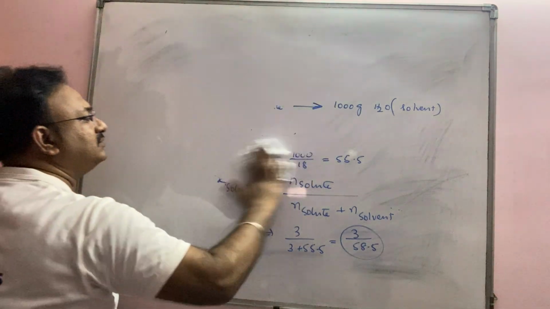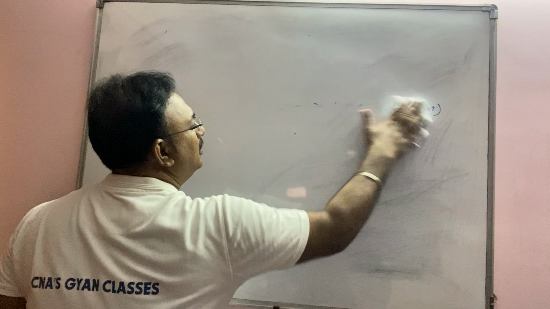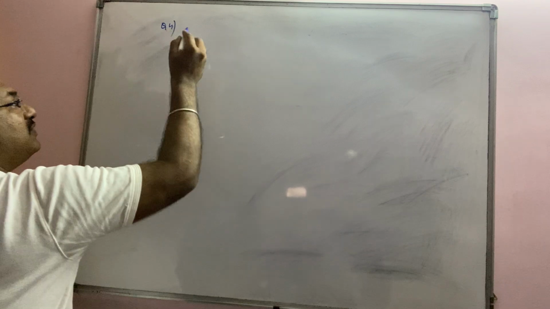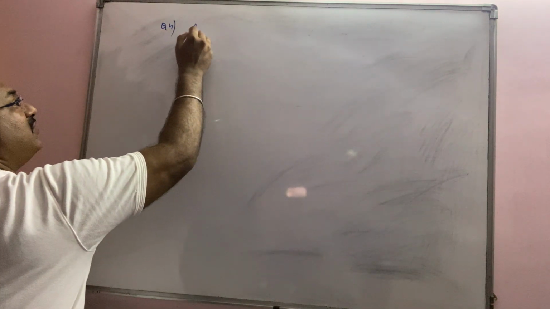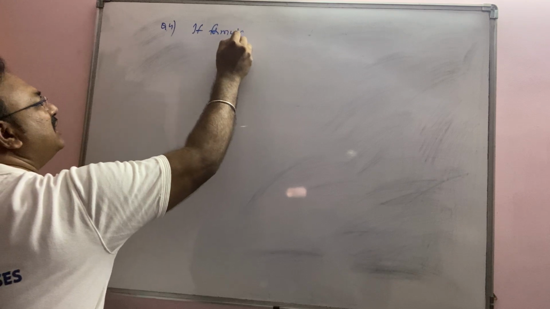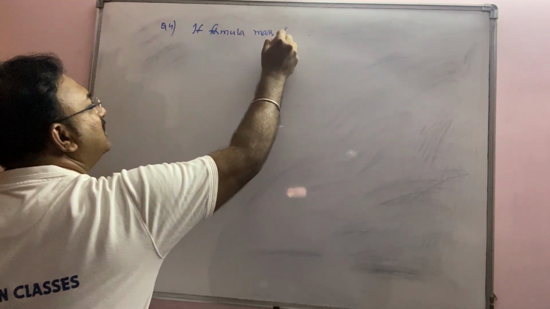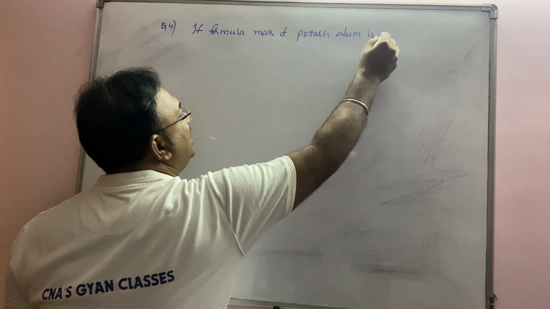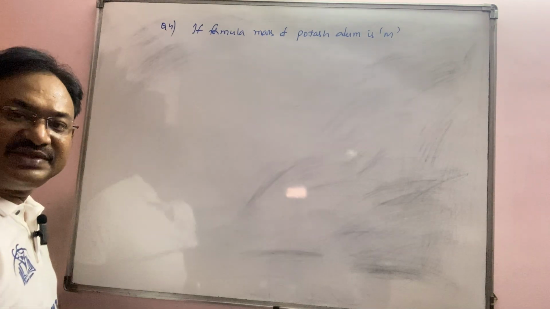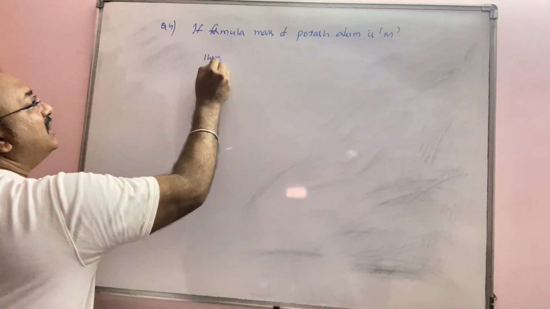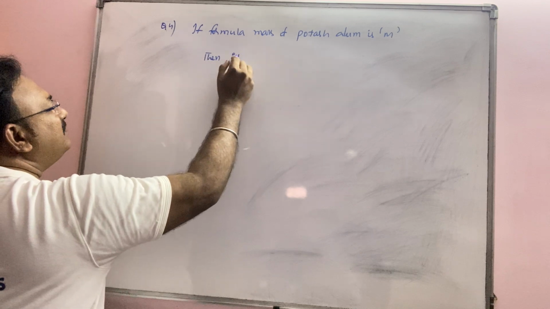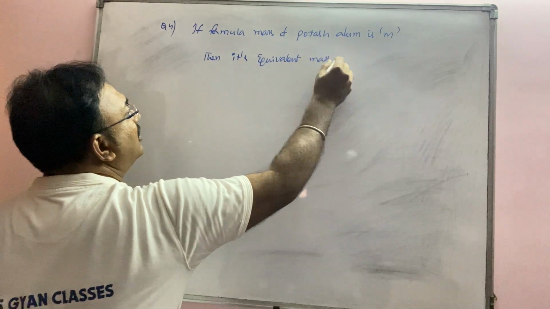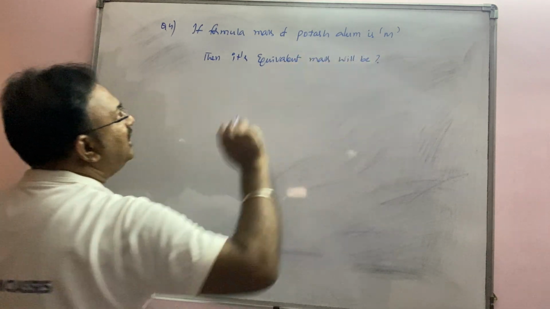Next, coming to our fourth question. See, the fourth question is if formula mass of potash alum is M, then its equivalent mass will be, right, how much?